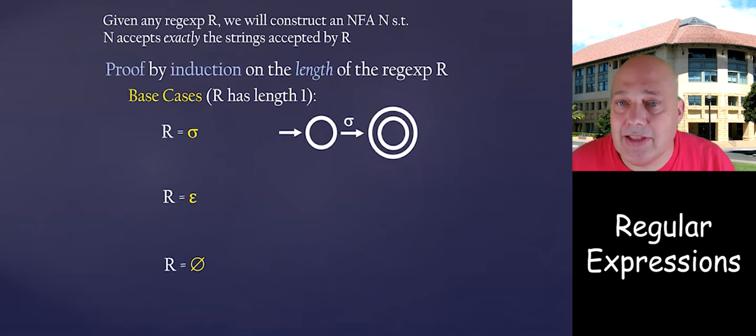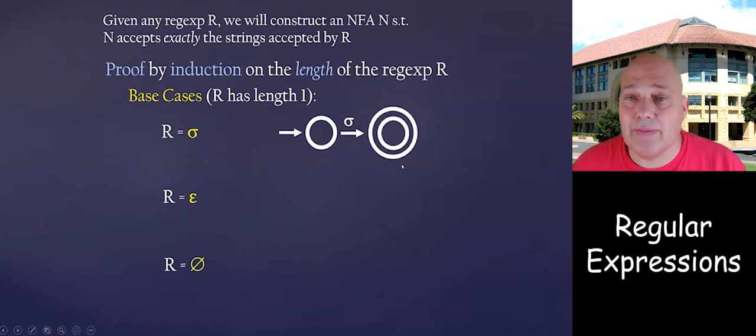Each one of them has an NFA. So this is a nondeterministic finite automaton that only accepts the symbol sigma. This is the start vertex. You can only take a step with sigma and reach an accept state, and nothing else has a corresponding path.